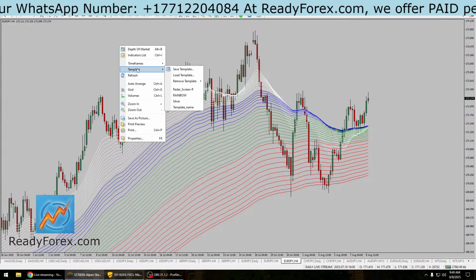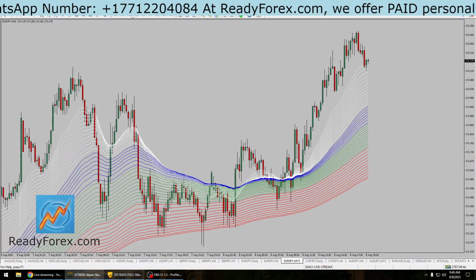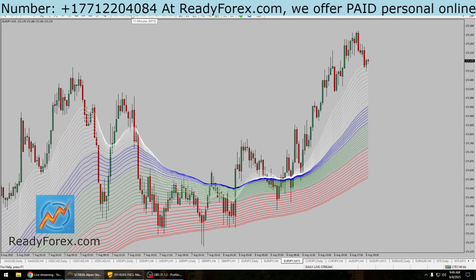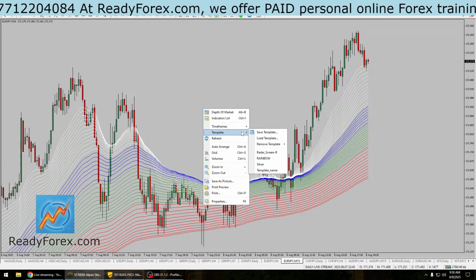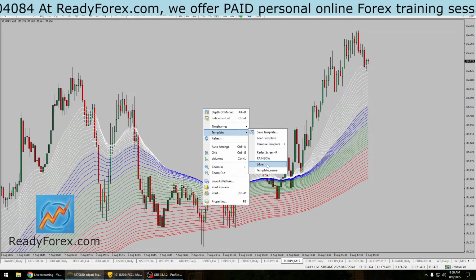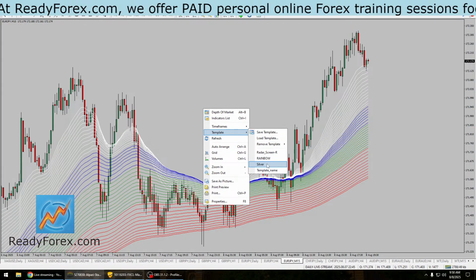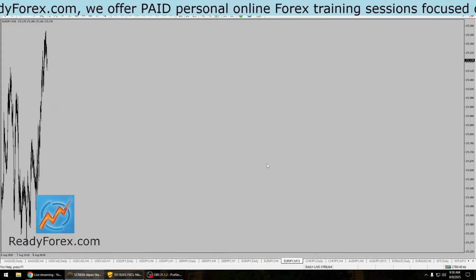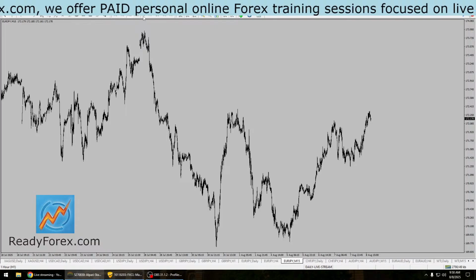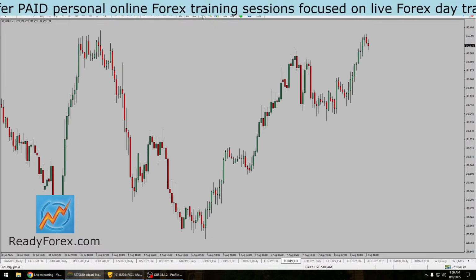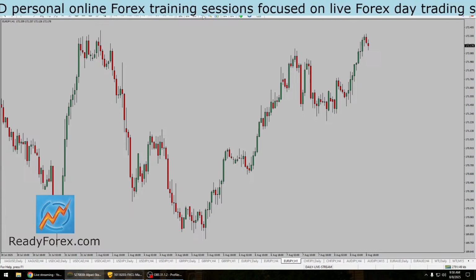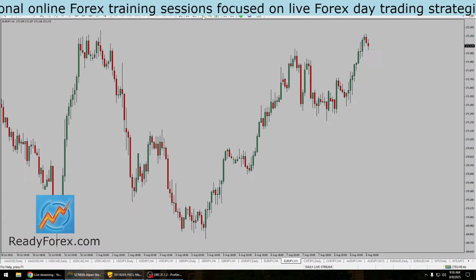Let me go over to the smaller time frame first. The rainbow looks bullish as well, by the way. Let's go to a 1 hour time frame. The 1 hour time frame is kind of showing me a nice uptrend over here.